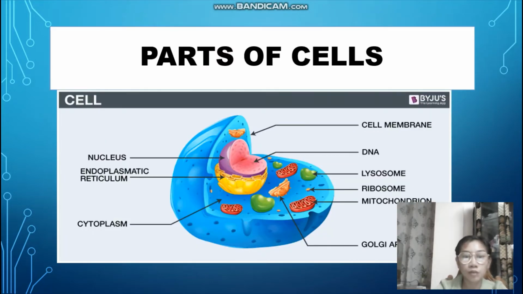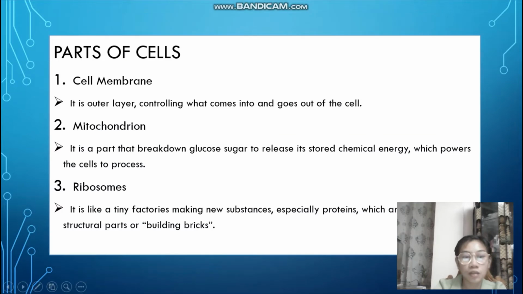So, let's proceed to the parts of cells. In the cells, we have the nucleus, endoplasmic reticulum, cytoplasm, cell membrane, DNA, lysosome, ribosome, mitochondrion or the mitochondria, and the Golgi apparatus or Golgi bodies. For their functions, the cell membrane is the outer layer controlling what comes into and goes out of the cells.